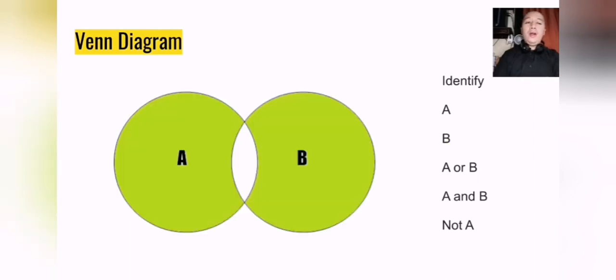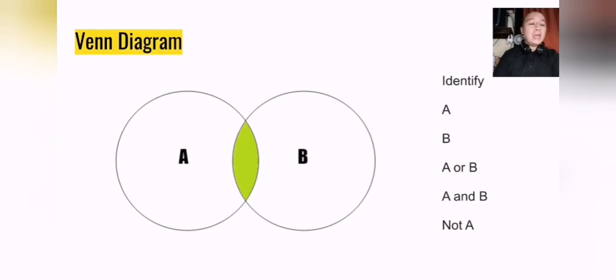A or B is the 2 circles except for the space in the middle, right? Because we are saying here A or B. Take note of the preposition. But when you say A and B, now it covers both. It's not A alone, it's not B alone, but it has to be the 2.